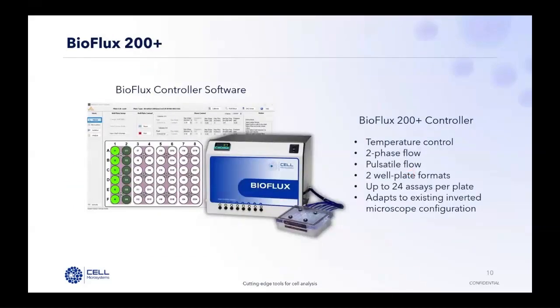We currently offer 2 models of the BioFlux system. The BioFlux 200 Plus, which features temperature control, 2-phase and pulsatile flow. It can work with 2 plate formats, the 24 and 48 well plates. It has the ability to conduct up to 24 assays per plate and adapts to an existing inverted microscope.